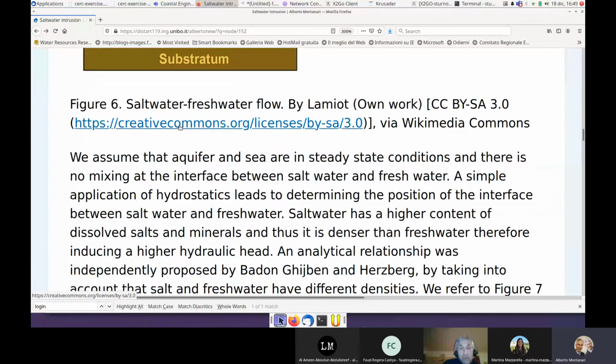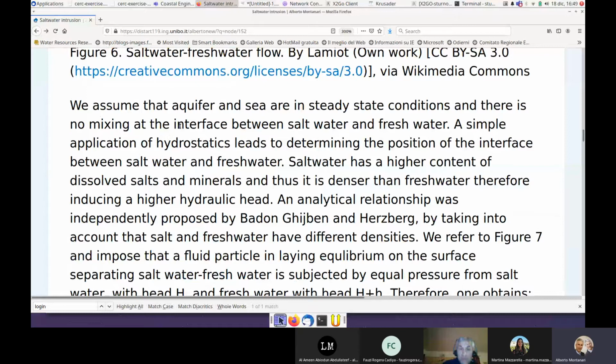Steady state condition, I already said. Let me make a second assumption. Let's assume that there is no mixing at the interface between salt water and fresh water. So let's suppose that the separation between salt water and fresh water is through a surface with no mixing.